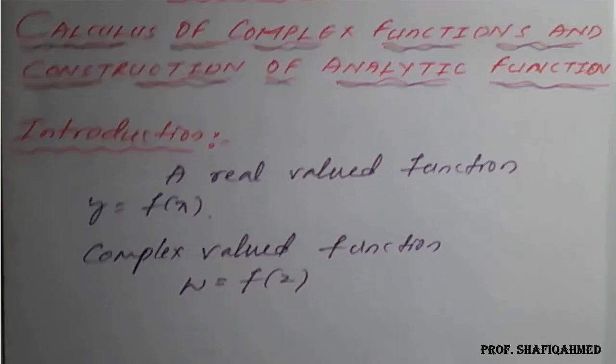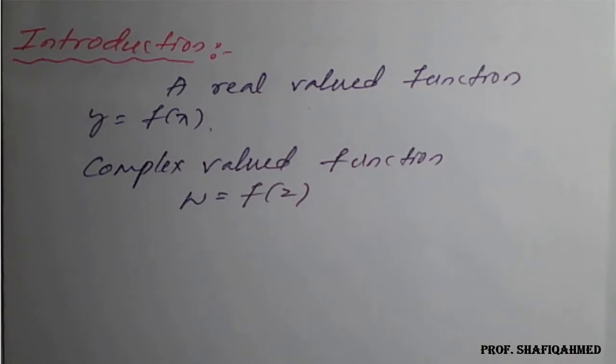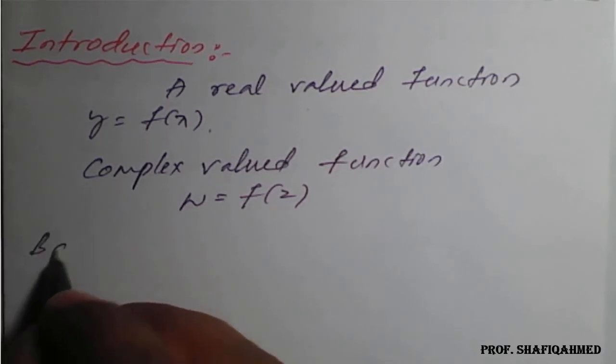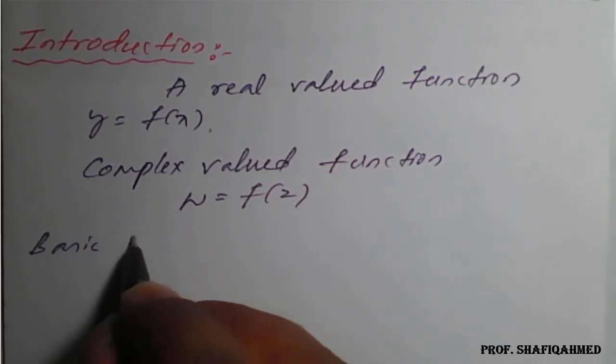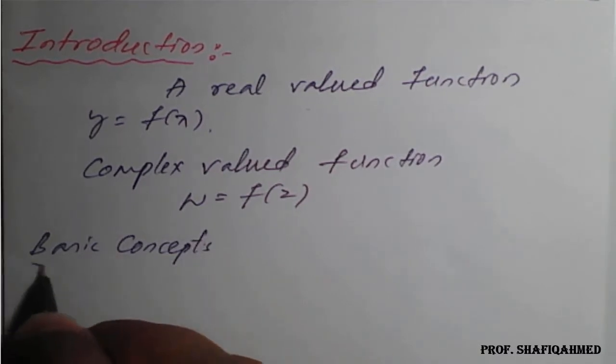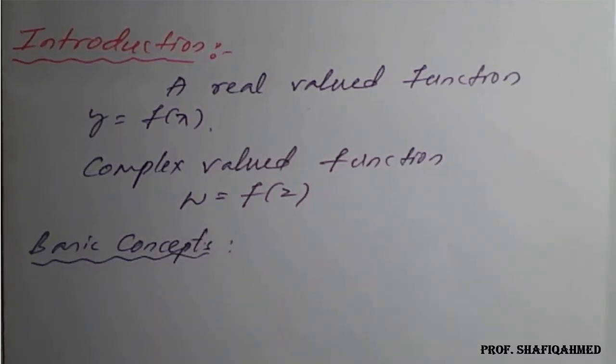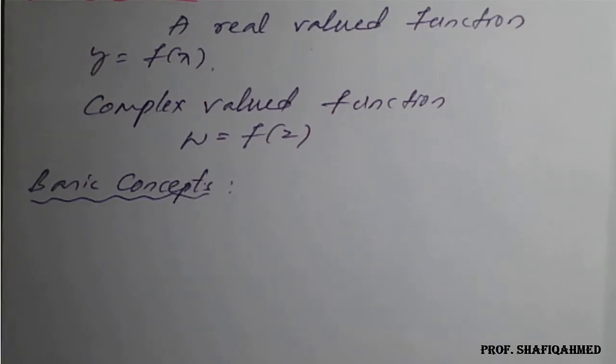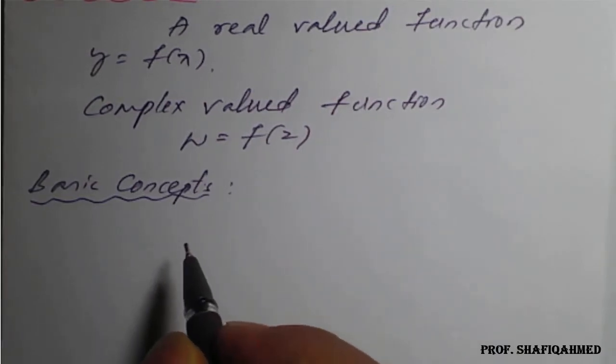So we'll see that detail now. So we'll consider that one in the form of basic concepts. So what are the basic concepts? We'll see here in this complex function.